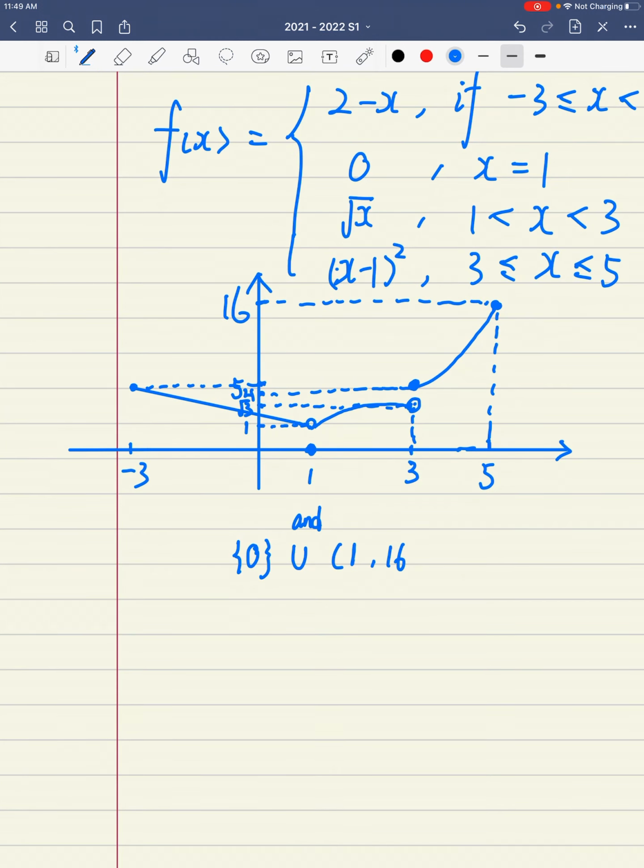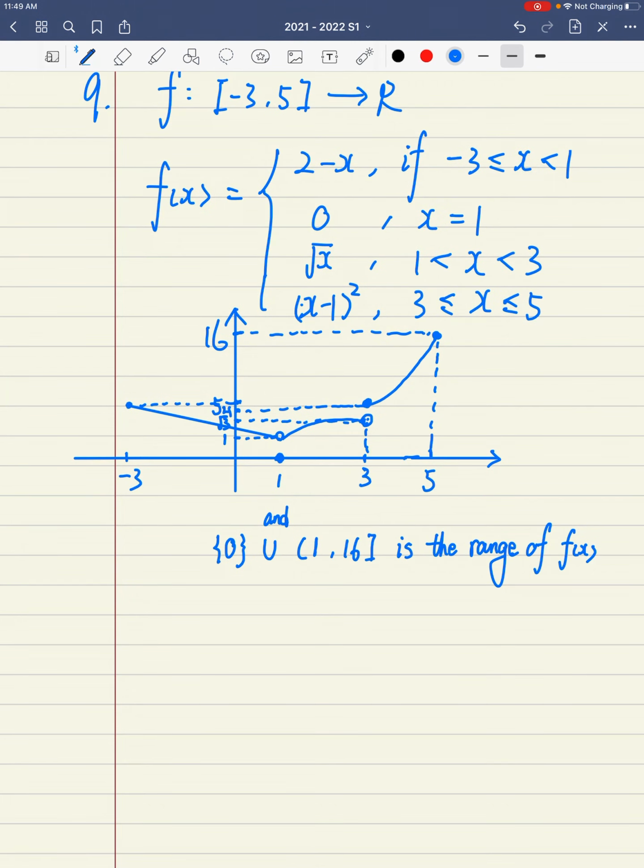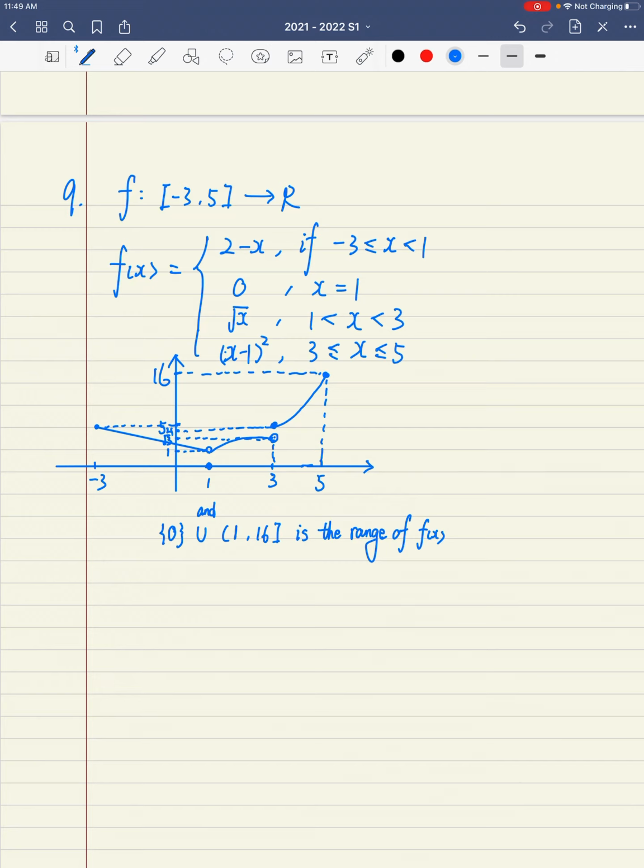And 16 is included as part of the function. So this is the range of f(x).